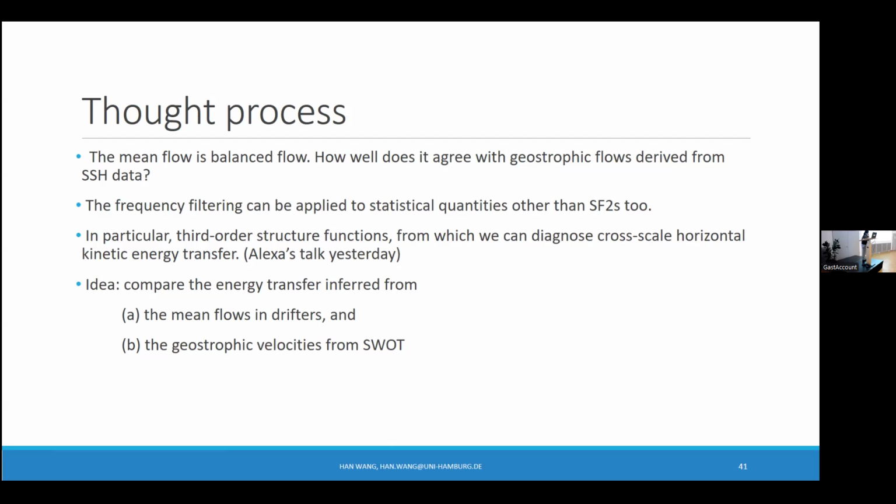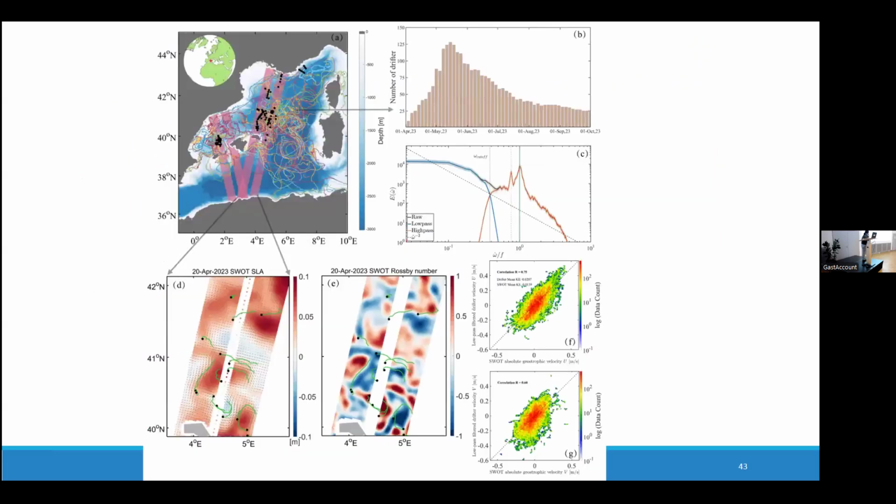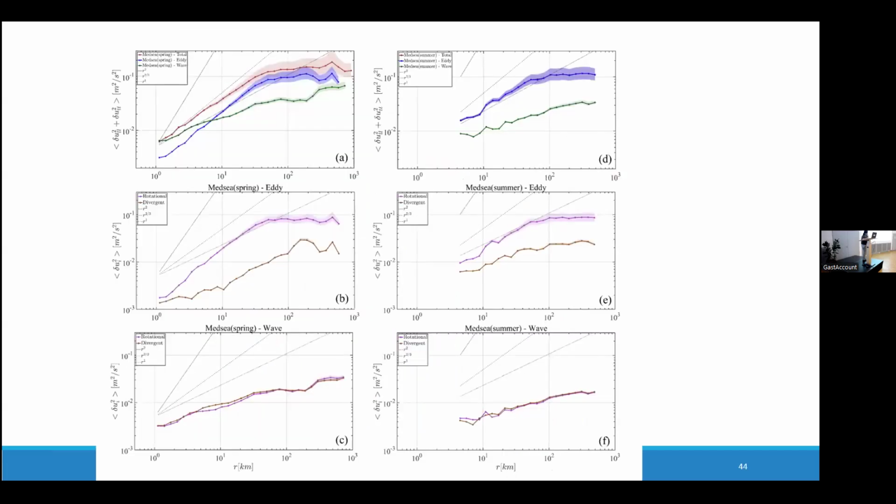And so our idea is that maybe we can compute the third-order structure function from the low-pass component in drifters that overlap with SWOT satellite observations, and we can compare how well it agrees with the SWOT geostrophic velocity products. We found a data set where there are about 100 drifters that overlap with the SWOT cover track, and we carefully pick the SWOT observations that are on top of the drifter trajectories, and we compute the structure functions.